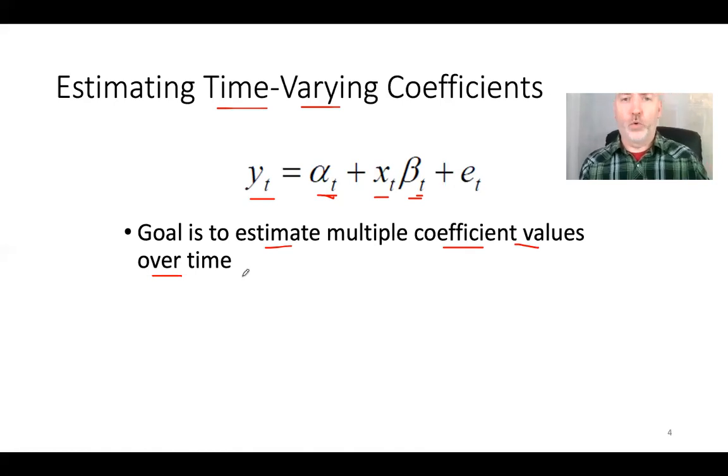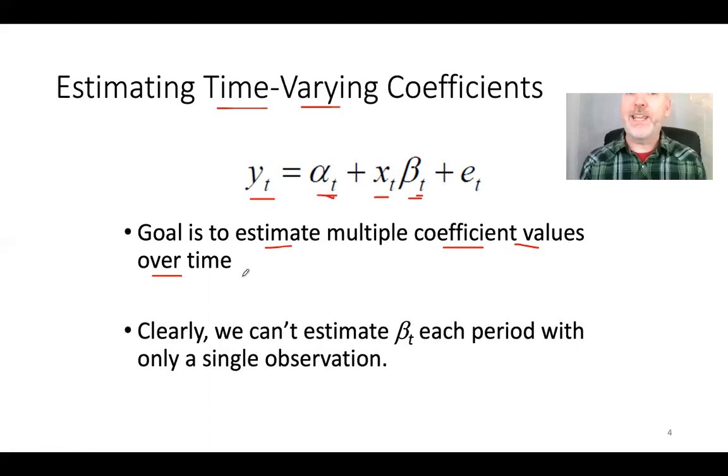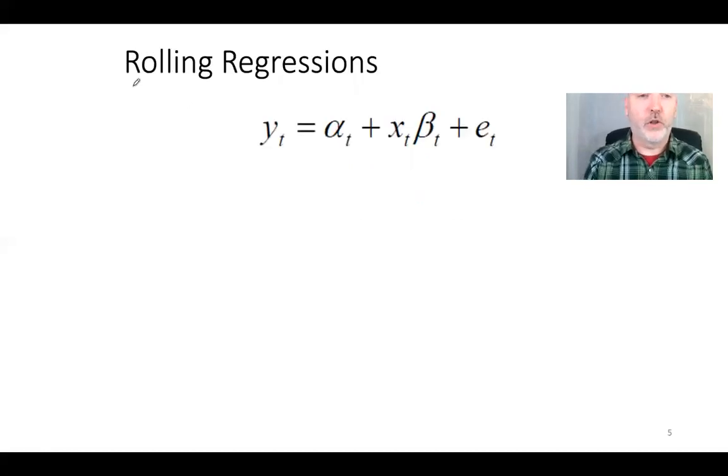In fact, wouldn't it be fantastic if we could estimate them at every point in time? Of course, we can't do that, not directly anyway. Y_t and x_t, one observation at one point in time for each variable, can't be used to generate a single coefficient. But here's the closest we can get, the so-called rolling regression.